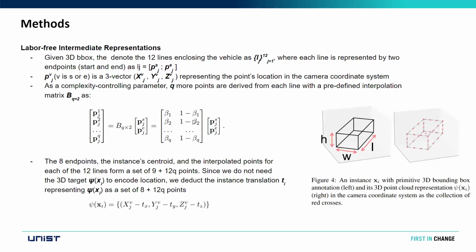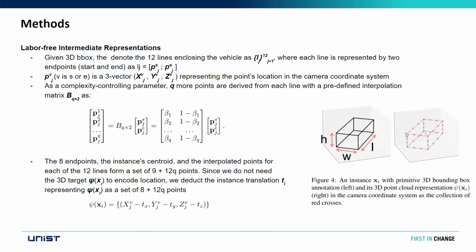Given the vertices of each cuboid, we can define these points on the line through this formula using the interpolation matrix. There is a little bit of math involved behind this, which would take some time to explain, so I'll just go through it.